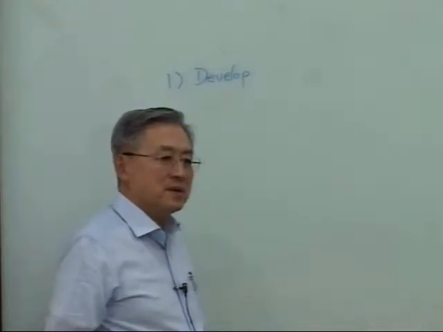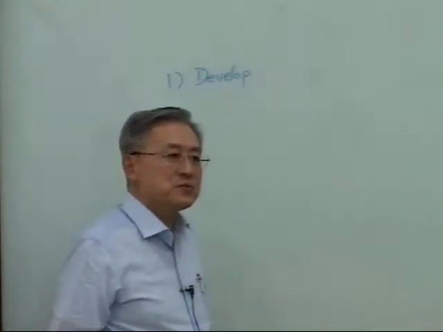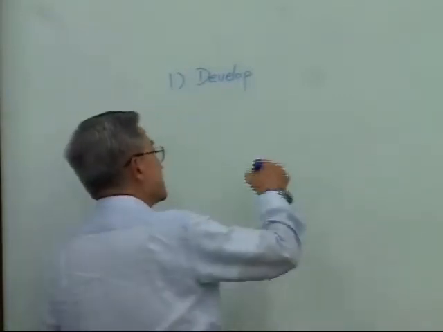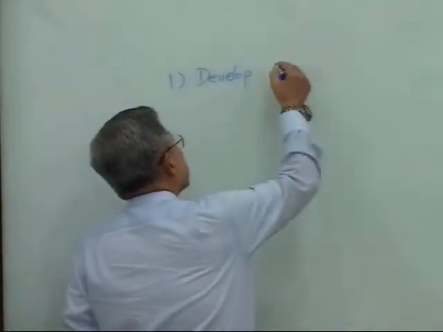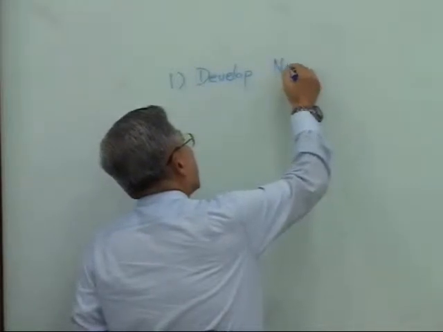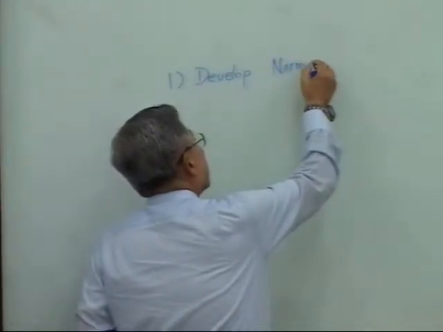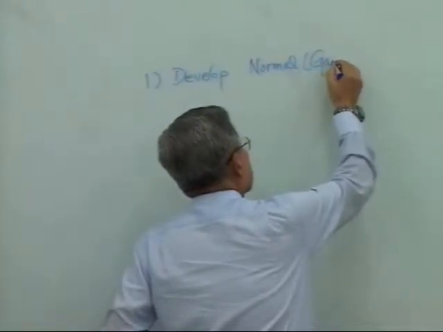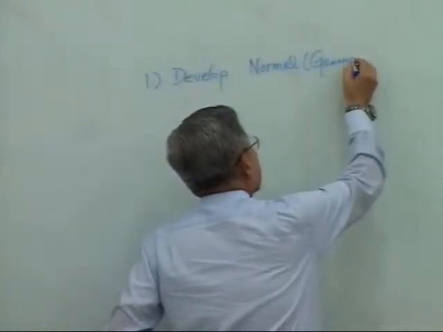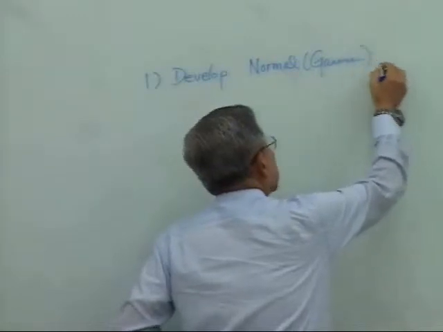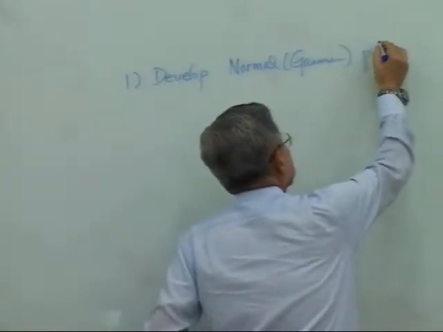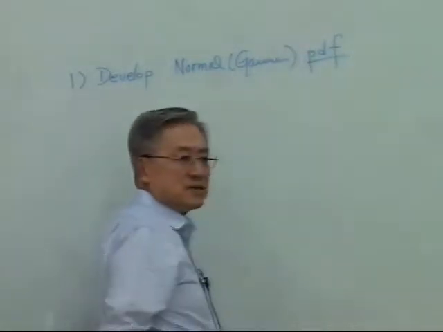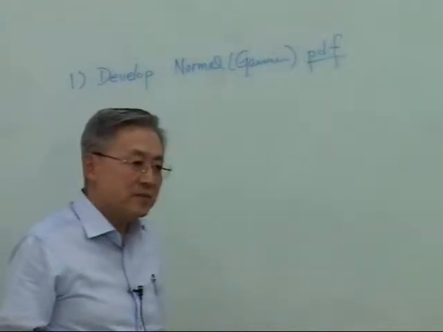So develop the normal distribution function, sometimes called the Gaussian probability density function. I said we'll call this the PDF, okay?